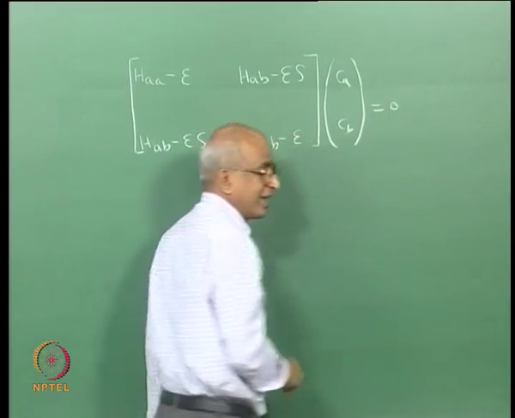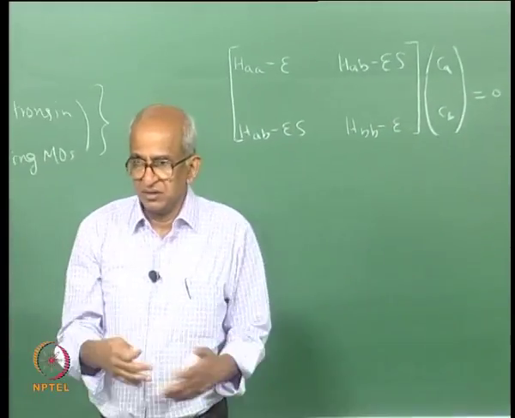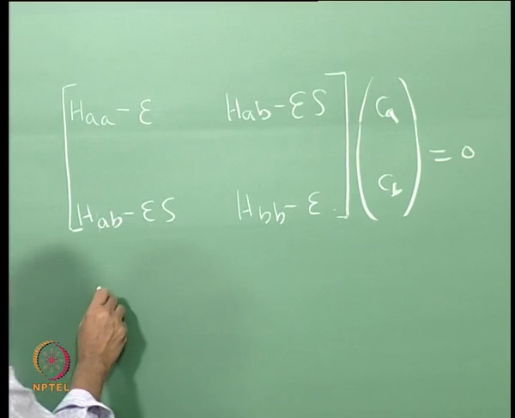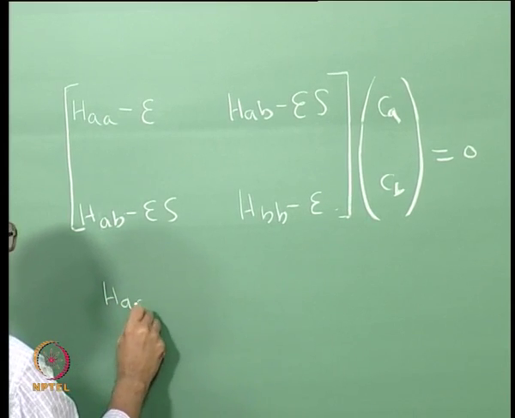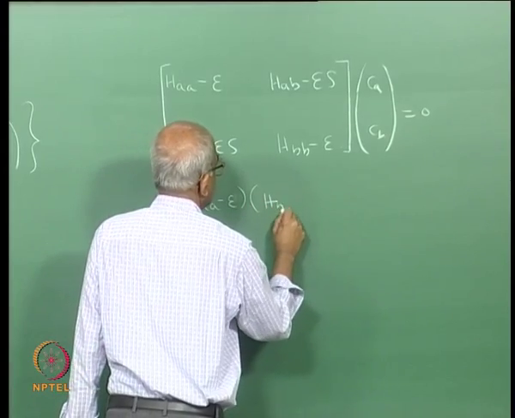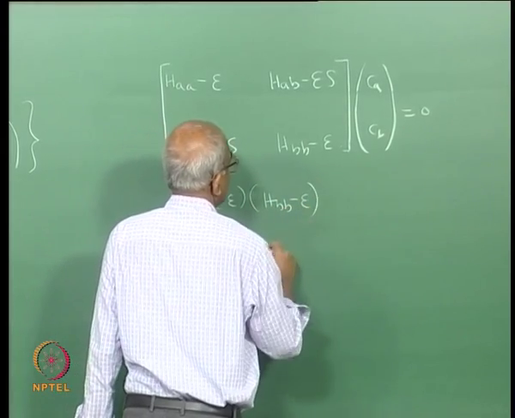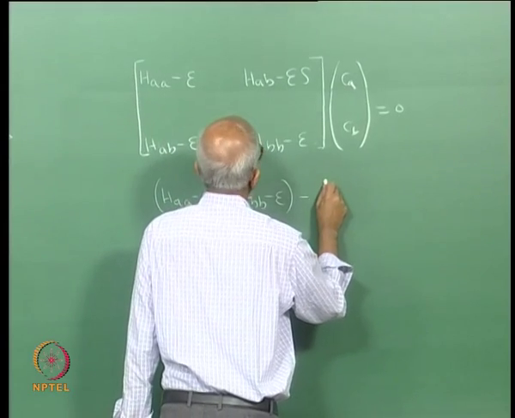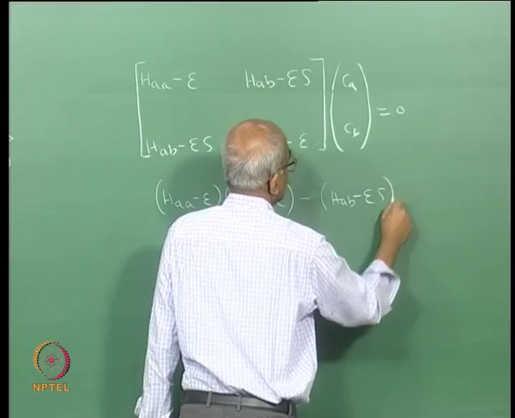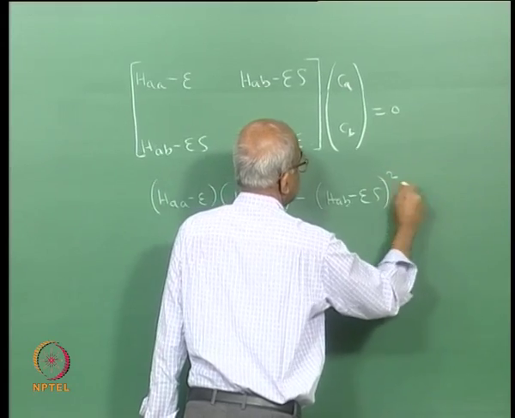This was our general expression, and then you said that you have to take the determinant of this matrix and put it equal to 0. That actually means (HAA minus script E) into (HBB minus script E) minus (HAB minus ES) the whole square is equal to 0.